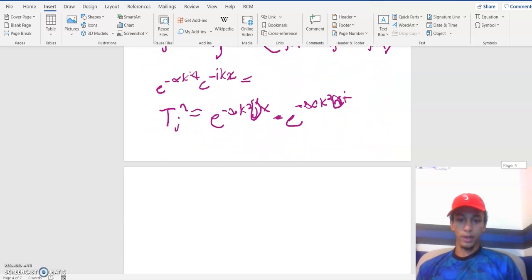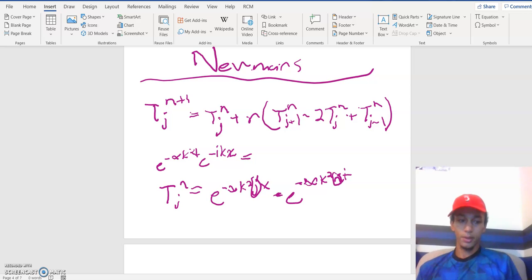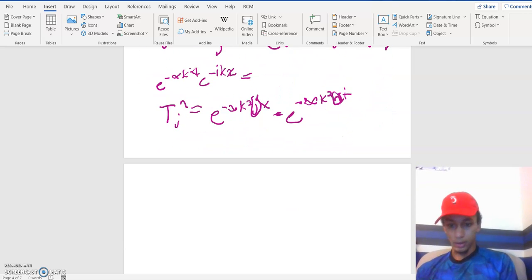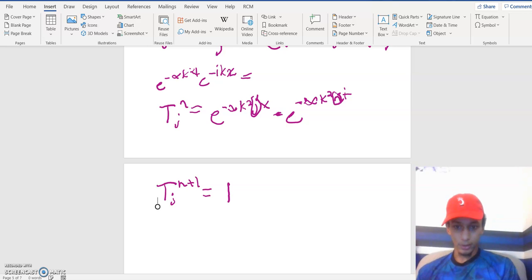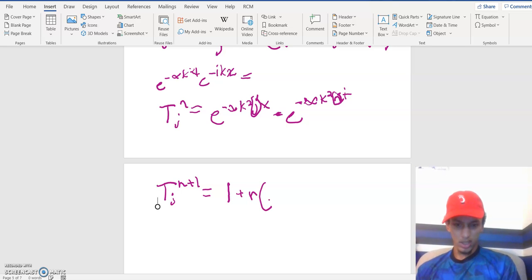So as we substitute these values back into the full equation shown here, we should get T_j^(n+1) is equal to 1, so that's the original T_j^n, plus r times e to the ikΔx minus 2 plus e to the negative ikΔx.